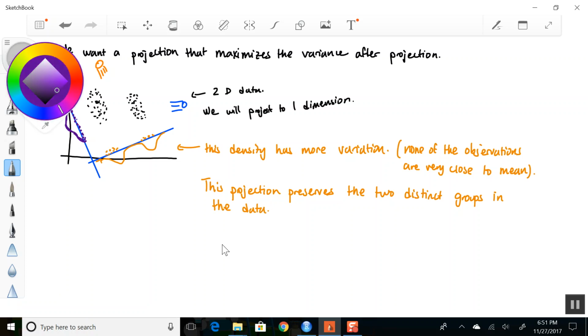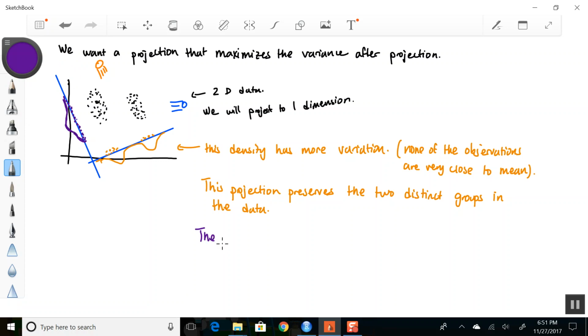The other projection does not preserve that structure.